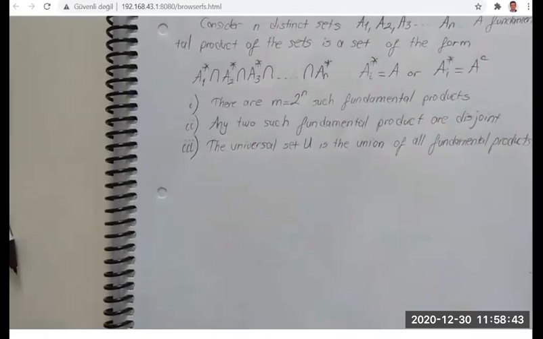Okay, let's use an example to explain the fundamental product.